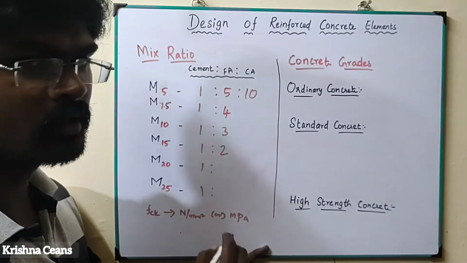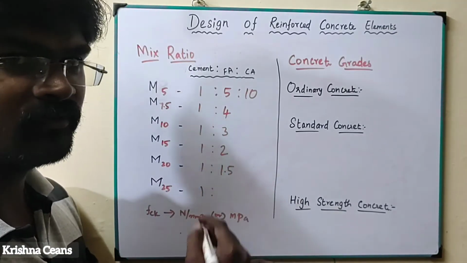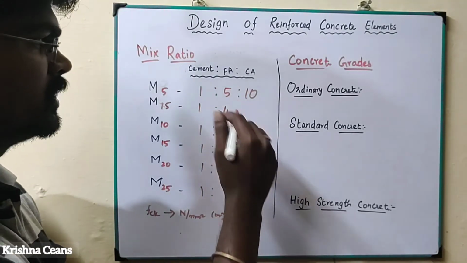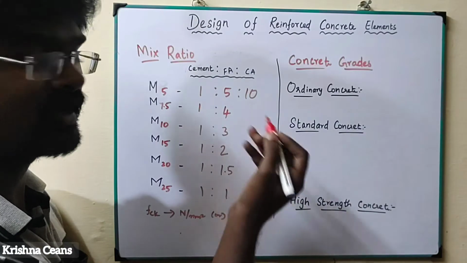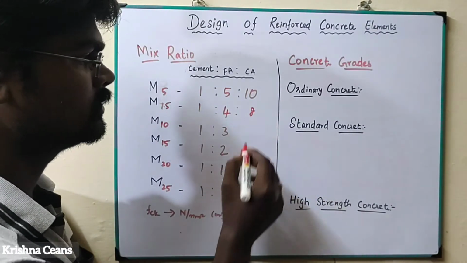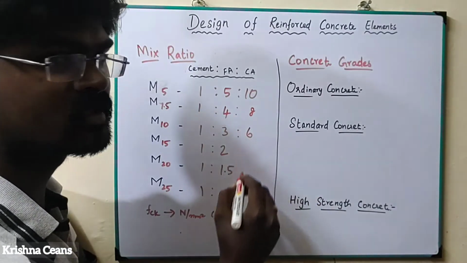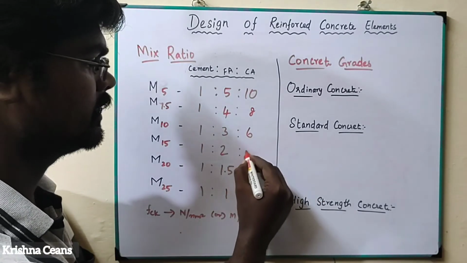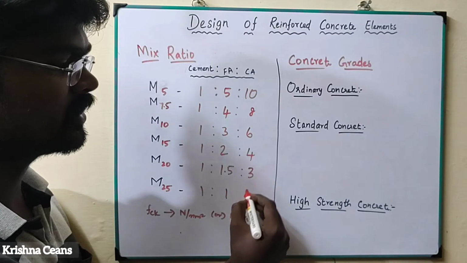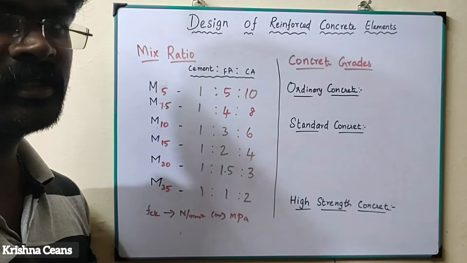Here 4 into 2 is 8, so 8 parts of coarse aggregate. Here 6 parts of coarse aggregate, here 4 parts, then here 3 parts, here 2 parts. So we can easily remember it.